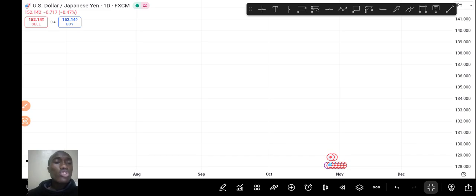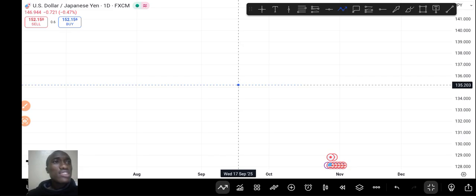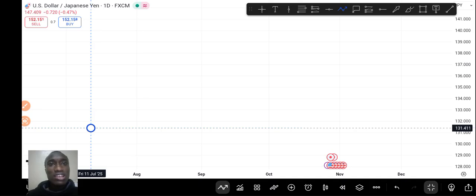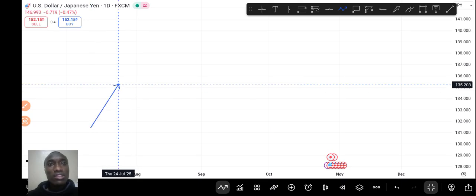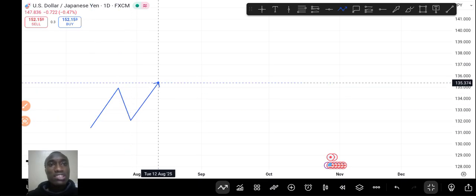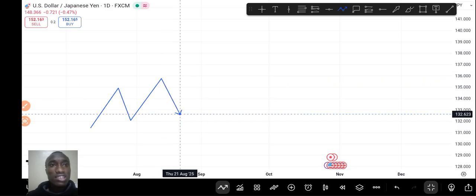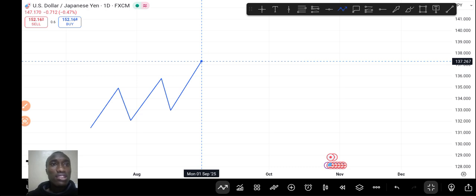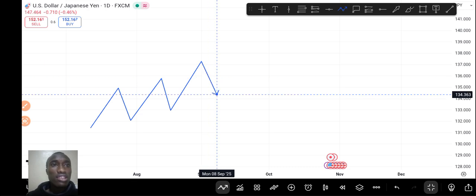When you open your charts, you'll see structures, you'll see some things that look like candles. A market structure can look like this.